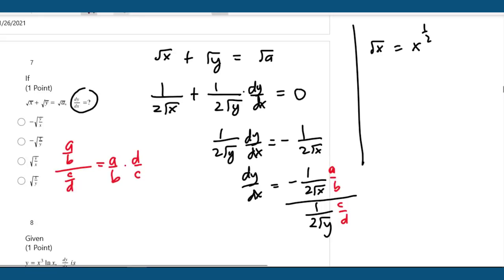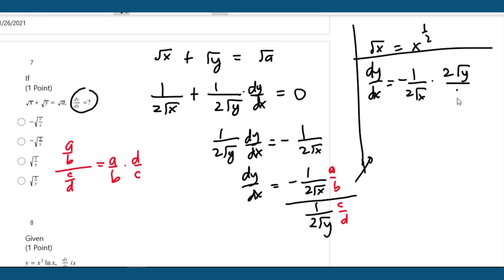Continuing, dy/dx is equal to negative 1 over 2 root x times 2 root y over 1. Simplify, we cancel this one, and here is negative root y over root x. Check the answer: it is given as negative square root of y over x. The answer is here. Okay, that's for number 7.